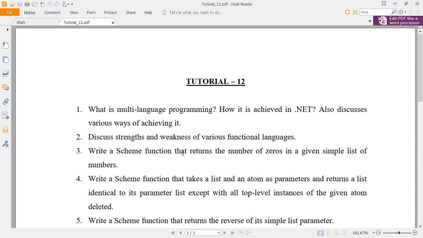Interested students may explore these materials. I have provided one material on how multi-language programming is achieved in .NET, but you are also encouraged to go through the Java Native Interface, because this is an alternative technology to .NET, which is called Java technologies.